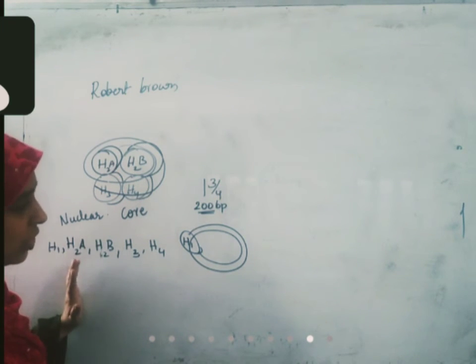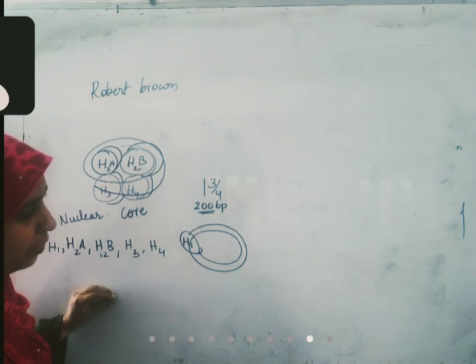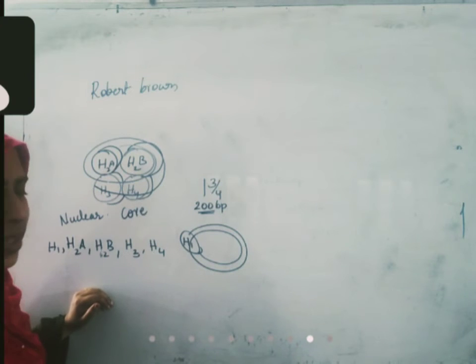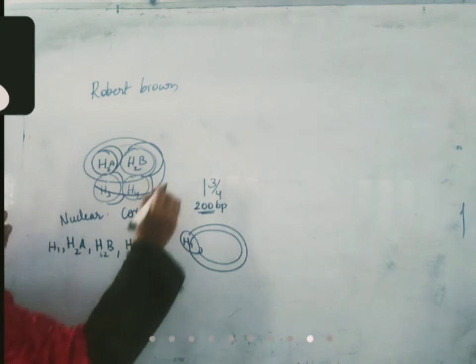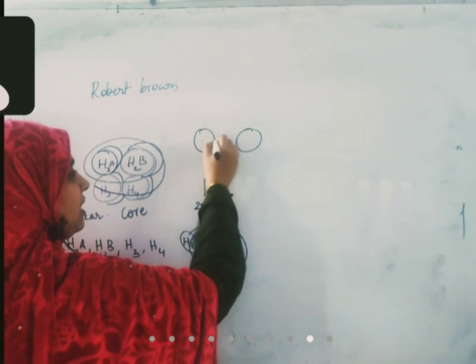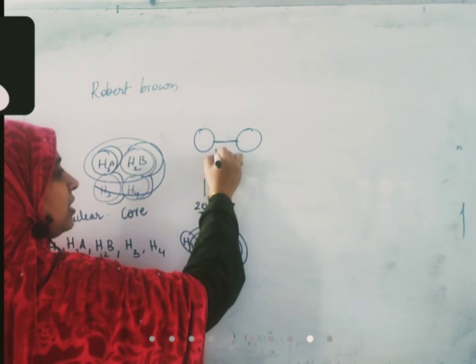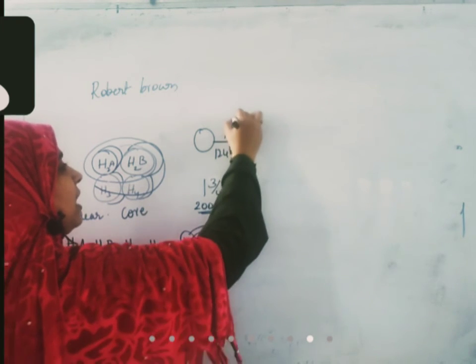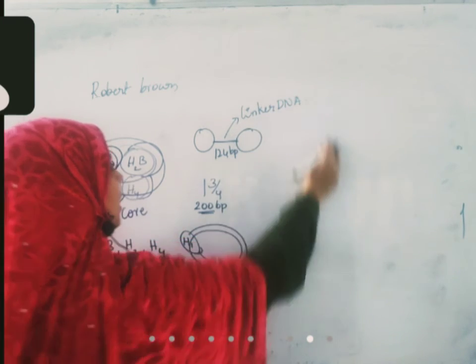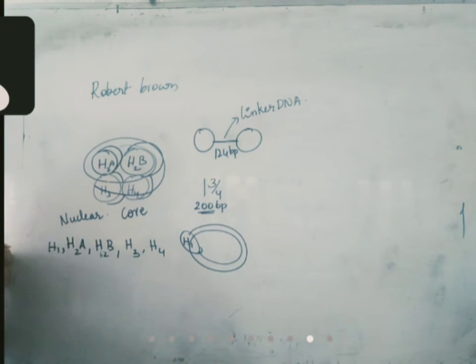When we study the complete structure of DNA, you'll understand what a base pair is clearly. Presently, understand it is a unit to measure the length of DNA. Between one bead and another bead there is a small length of DNA, 124 base pairs, called linker DNA. This type of coiling can accommodate more DNA in less space.